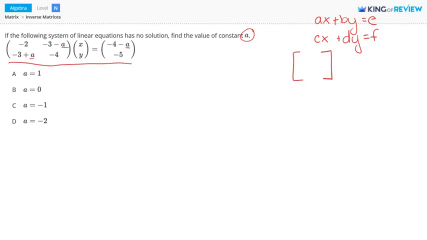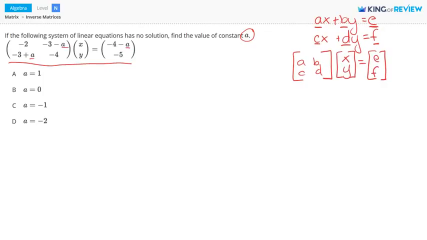Our first matrix is going to be the coefficient matrix, the coefficients of the x and y terms, a, b, c, and d. And then we'll multiply this by a matrix that contains the x and y variables. And this is equal to a matrix that contains the constants, E and F.